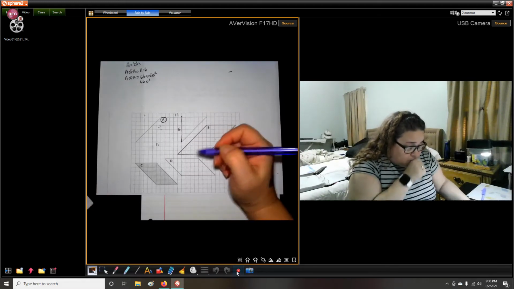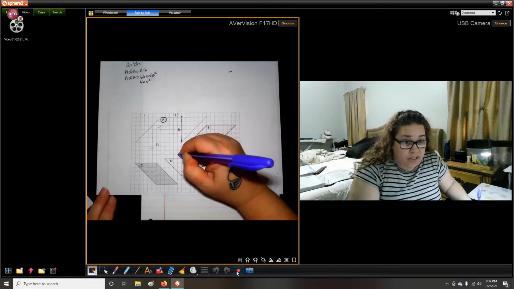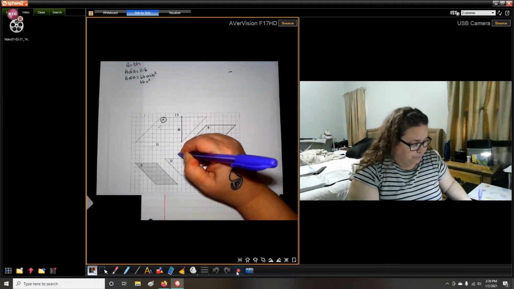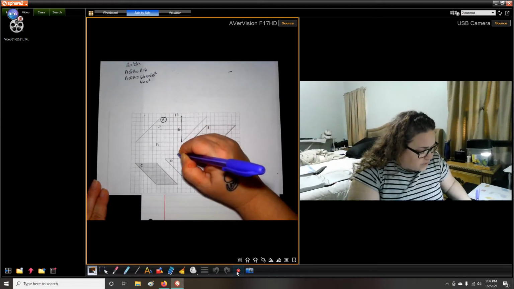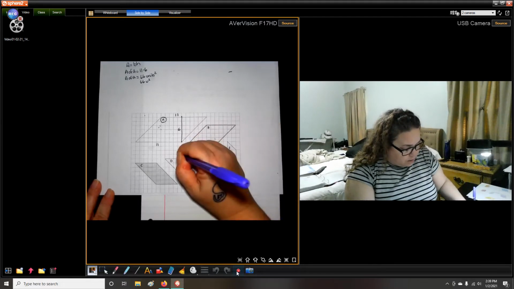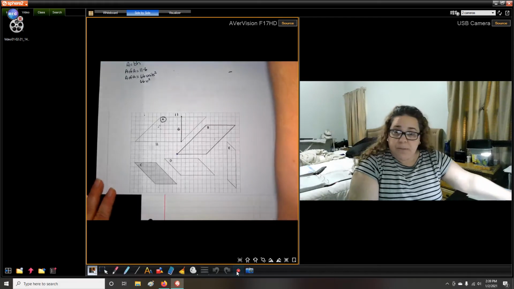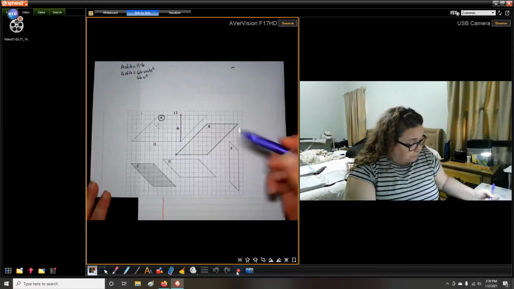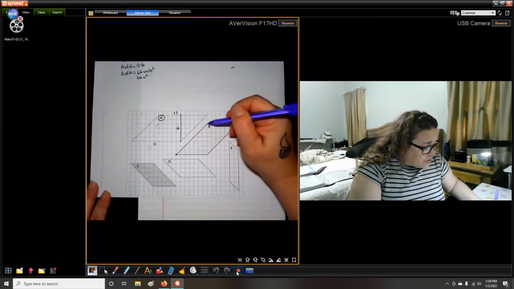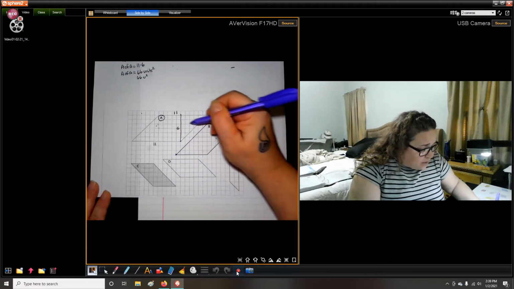I can use this side of my base, but it's a little trickier if I want to use the outside corner. So if I want to use this corner right here, I'm using purple, okay, cut it up a little bit. I have to use this line and come out as well and match it.